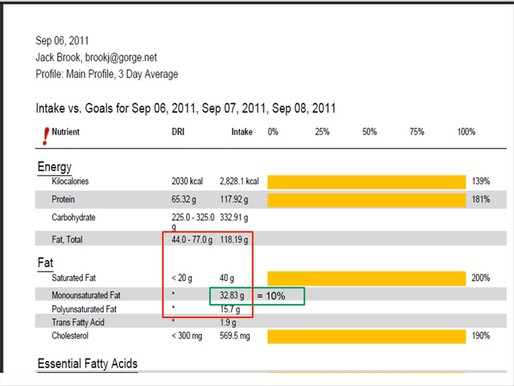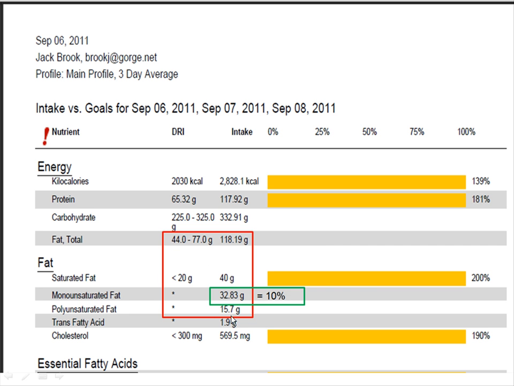So 2828 times 0.1, or 10%, would give you calories for 10% intake, but divide by 9 calories per gram will give you how many grams equals 10%. So once you determine that, then each of these three would have to meet whatever that gram amount is.